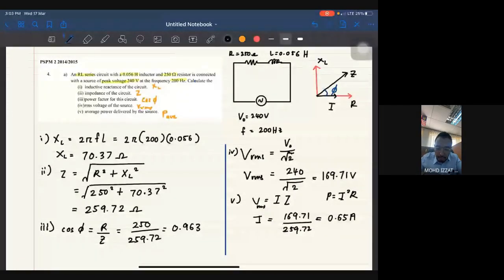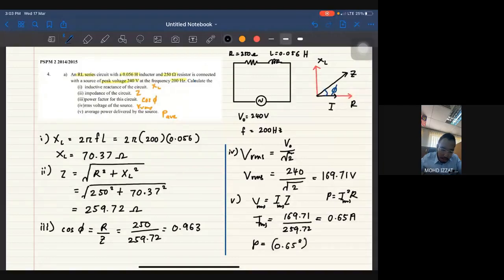Sometimes if you don't write RMS it's okay. So now you substitute back inside the equation. P equals 0.65 squared multiplied with the resistance, which is 250. So what I got here is 105.62.